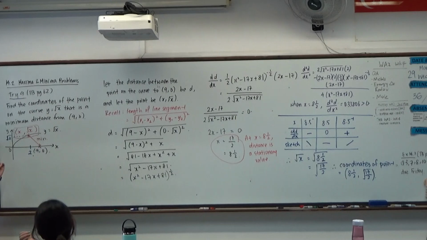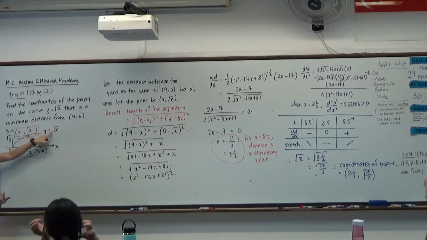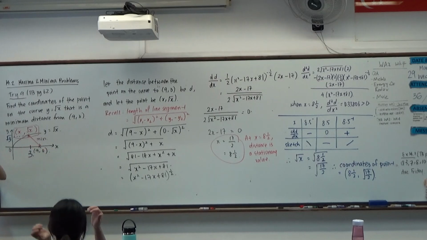Then if it is 3, your y coordinate must be square root 3. So that's why the y coordinate must obey the function: y must equal square root x. You agree, right? 3 and square root 3, 4 and square root 4, 5 and square root 5.